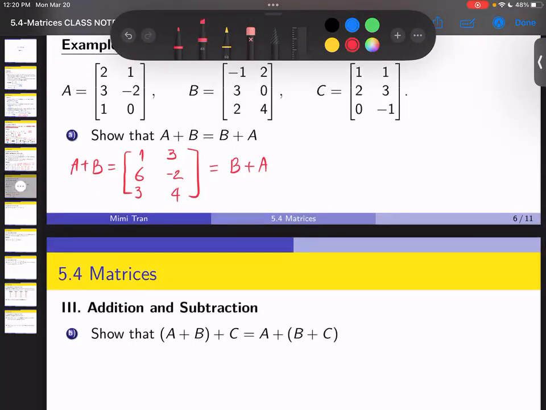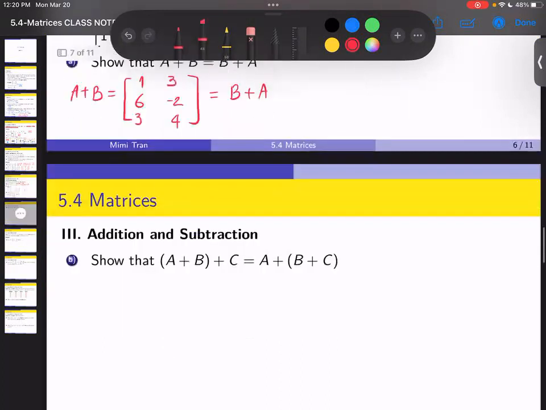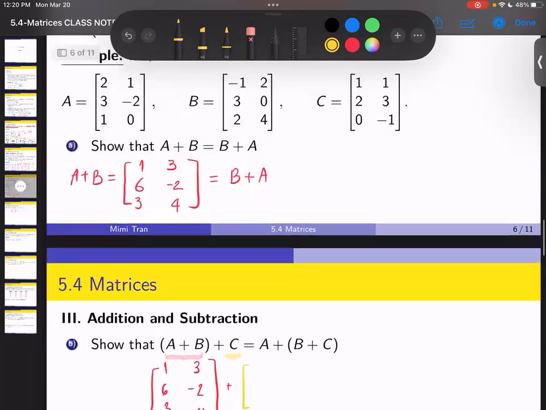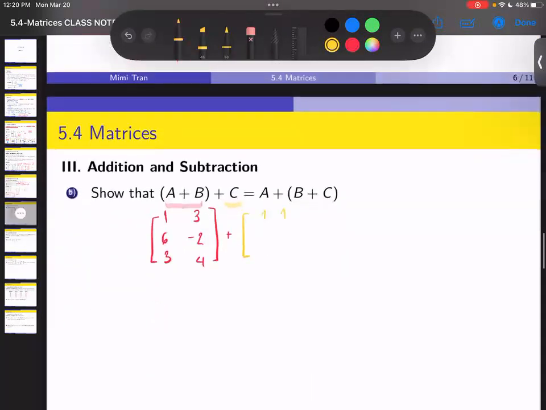Let's do this one first, A plus B. We did A plus B up there, so just copy it down: 1, 3, 6, 3, -2, 4. Plus matrix C. C is 1, 1, 2, 3, 0, -1.